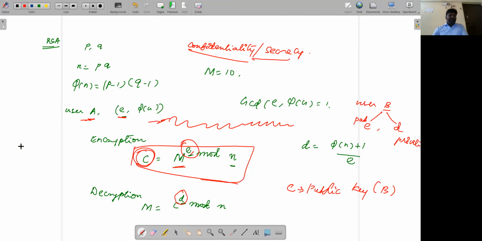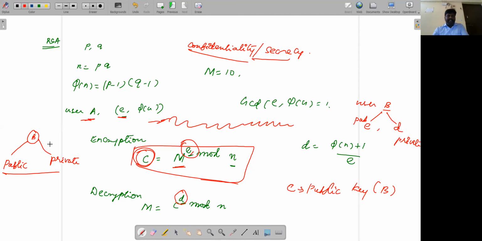Let's understand the core concept of public key cryptography. If user B's public key is used for encryption, then the same user's private key will be used for decryption. I hope this is clear.